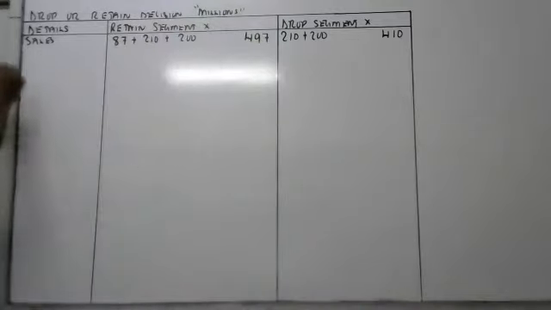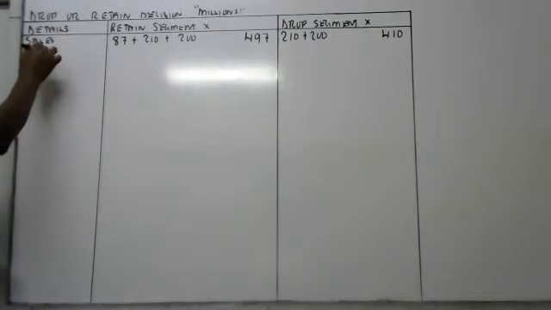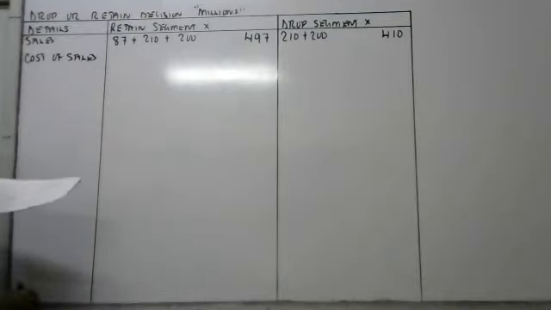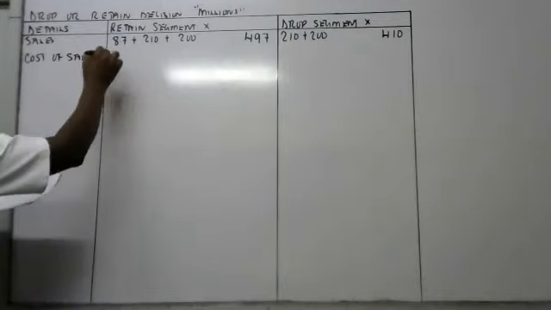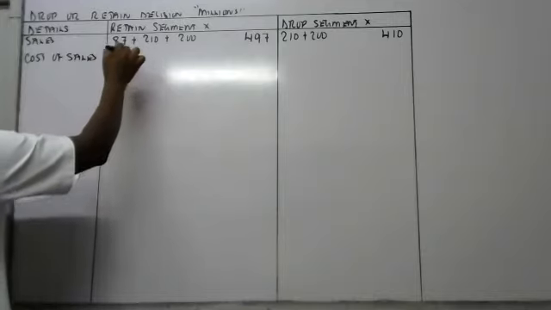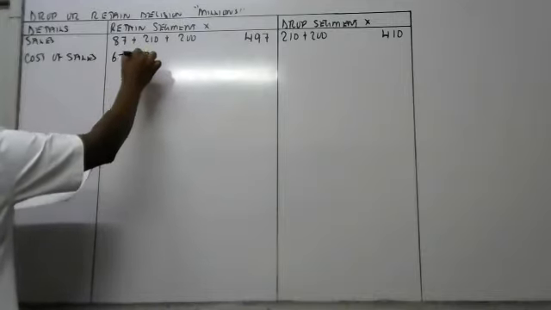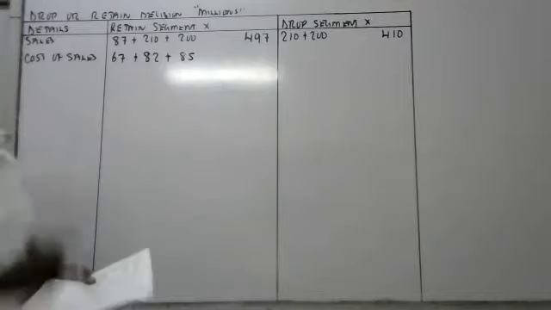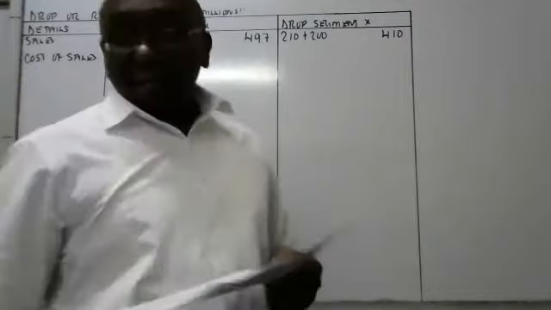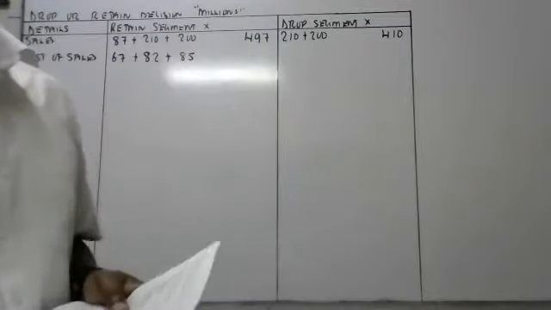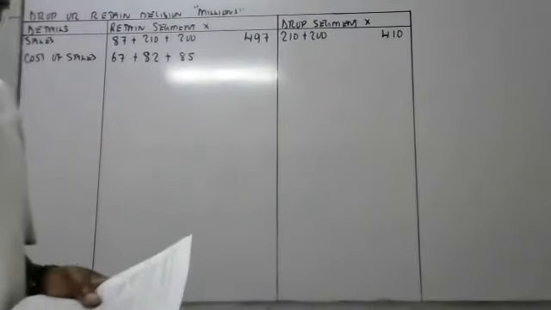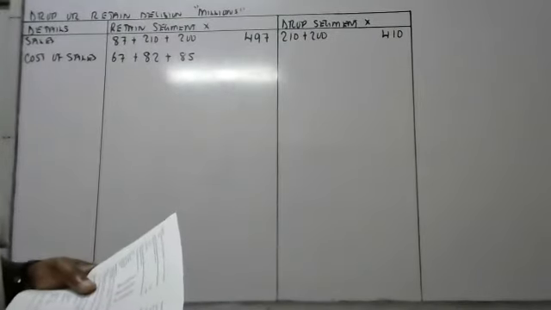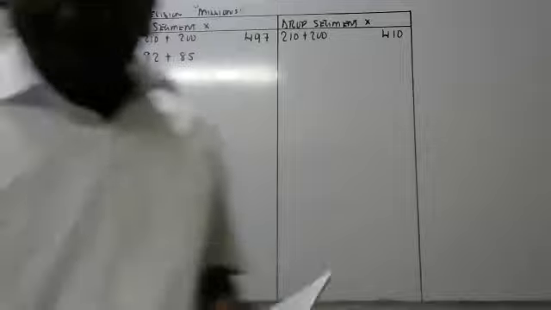Cost of goods sold. Cost of sales, we are going to have 67 plus 82 plus 85. Add them and give me the answer. 67 plus 82 plus 85.